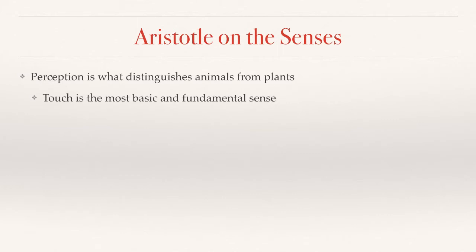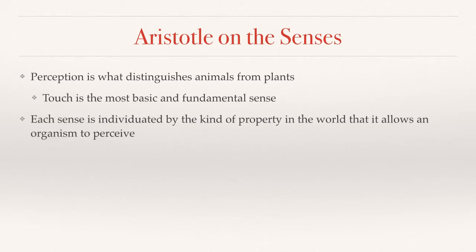Okay, so now if you wanted to know how many kinds of senses that there are, Aristotle gives you an answer. He says, well, what we call a kind of sense is individuated, or spliced off from the other ones by the kind of property in the world that it allows us to be responsive to.